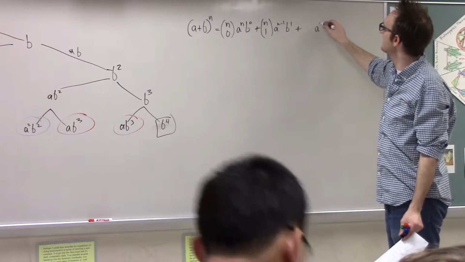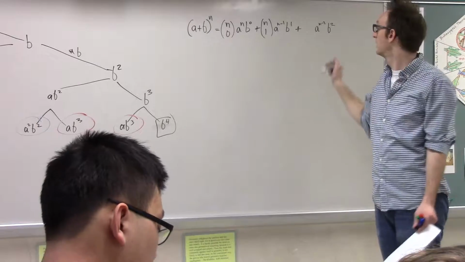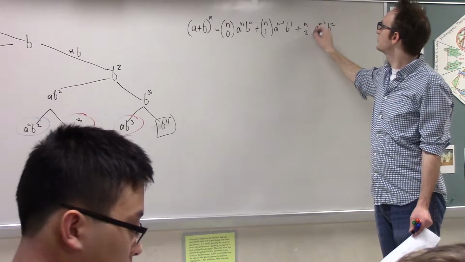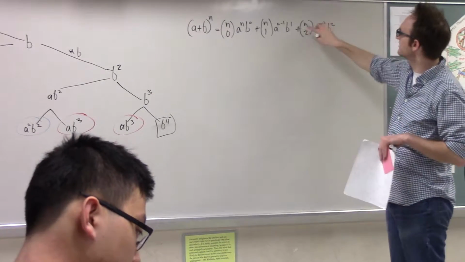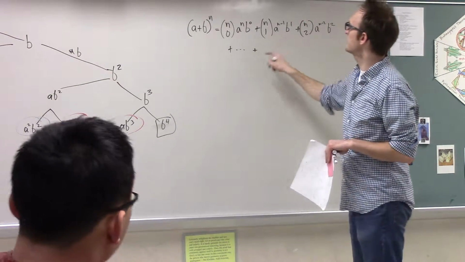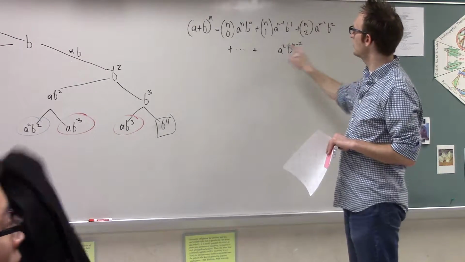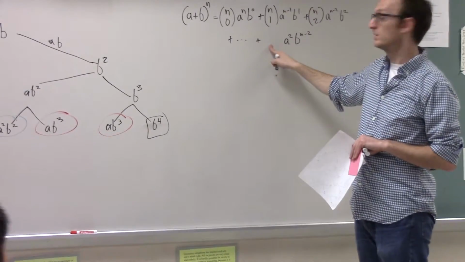Okay, let's do one more. Now this is like a to the n minus 2, b squared. How many of those am I going to have on the nth row? N choose 2, because of the n paths, 2 of them have to be right. Okay, then let's throw in a little dot dot dot. Let's skip to the a squared, b to the n minus 2. How many of those am I going to have?